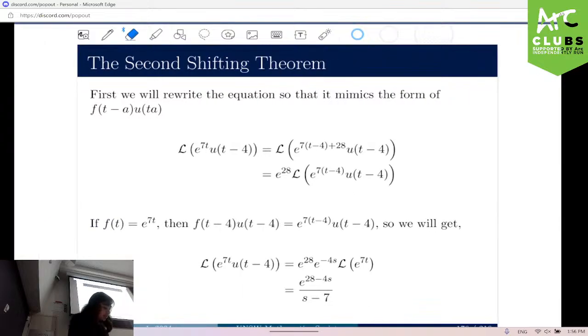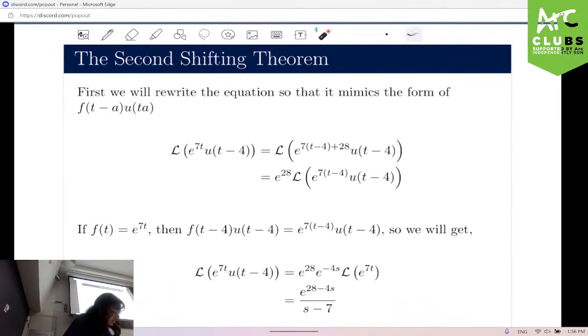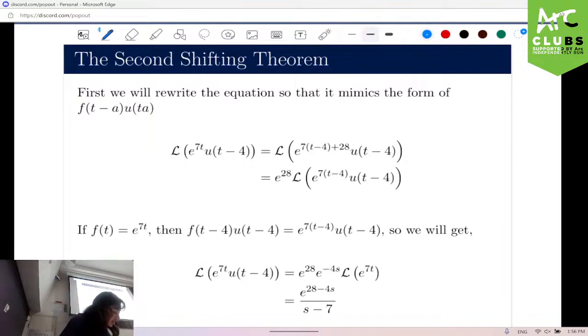So once we get this, we have this. The thing is, if f(t) is e to the 7t, then f(t minus 4) should be e to the 7(t minus 4).